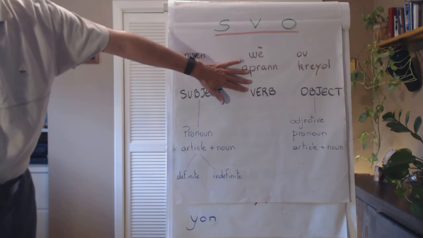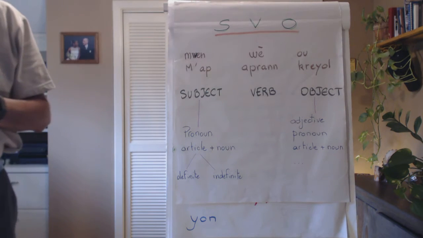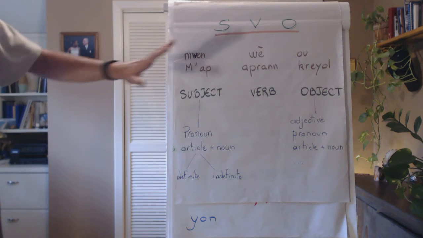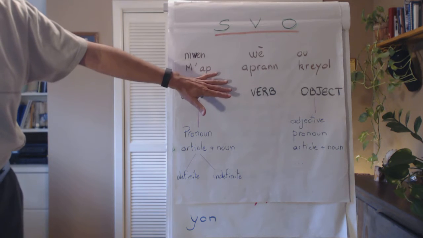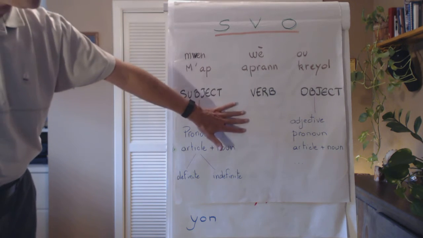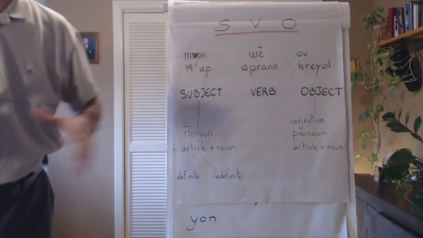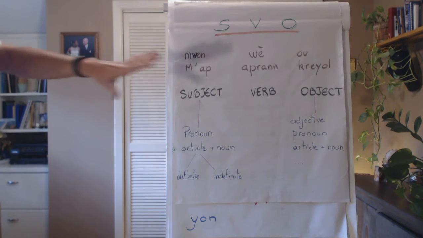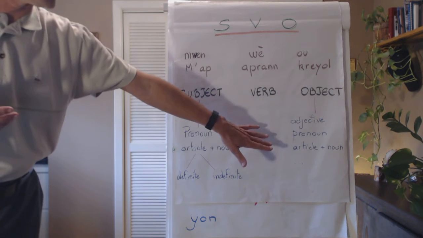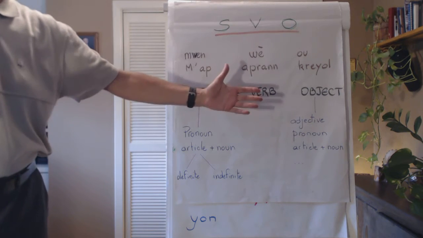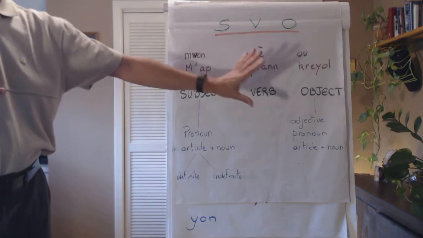Then we'll have the verb, and in the third lesson, we'll look at the key verbs: to have, to be, to give, etc. So the verb, and then the object. Again, the object can be an adjective, a pronoun, or an article plus a noun, and we can make it much more complicated, of course.